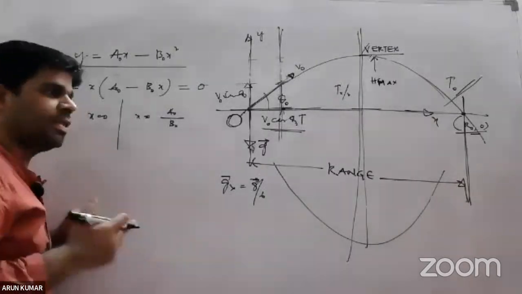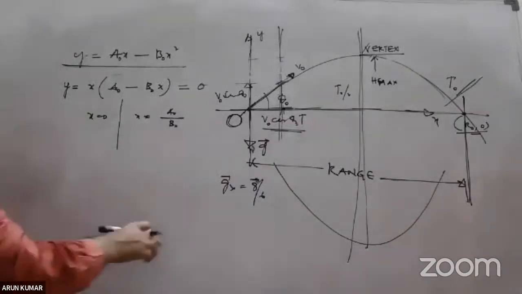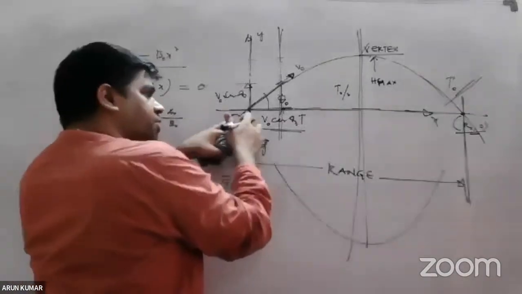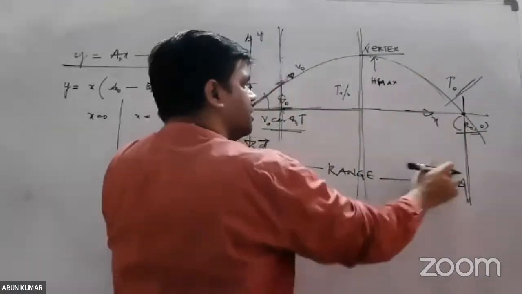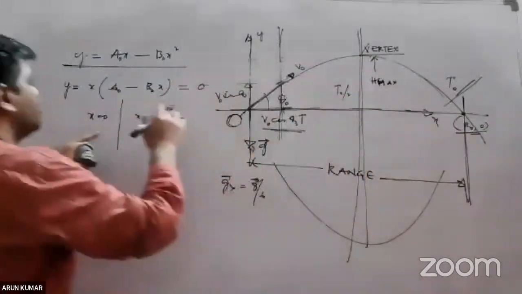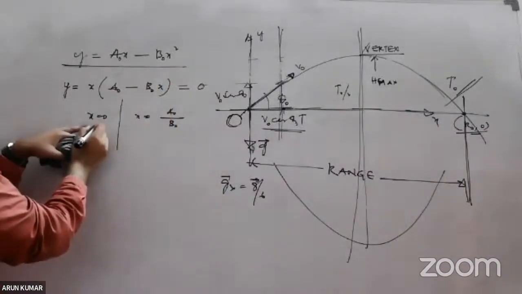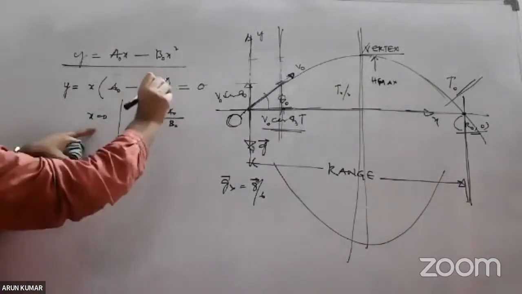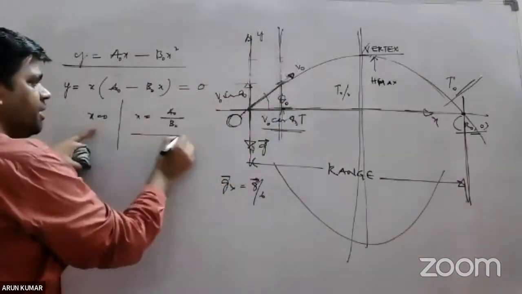Parabola, sir. Parabola. Okay, now this point is 0. This point is r0, 0. If I get r0, that is nothing but the range. అది ఎలా కనుక్కుంటాను? Yes. My y is becoming 0 again. So y ని equate to 0 చేస్తాను. So y is becoming 0 twice. X is equal to 0 ఉంది. That is when particle is launched. When the particle is coming back and hitting x axis, x is equal to A naught by B naught.